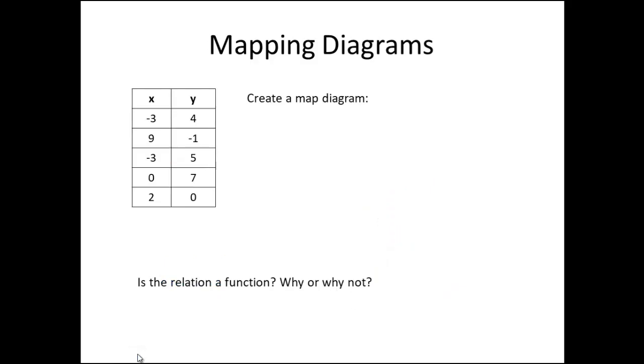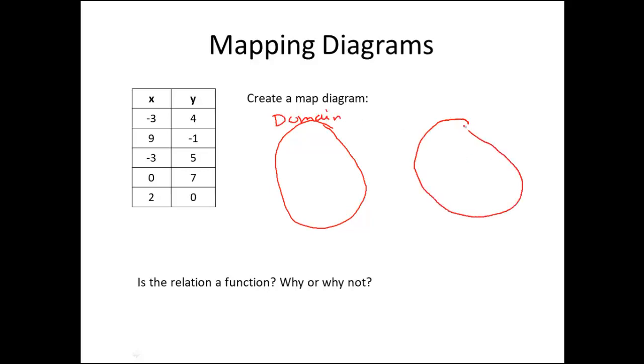Okay, so we have a table, 5 pairs, and we're going to create a map. So we're going to have our x's over here. I'm going to call that the domain. And the range over here.